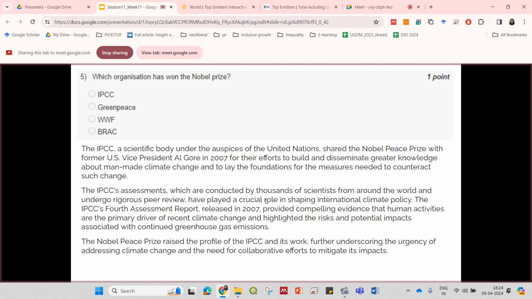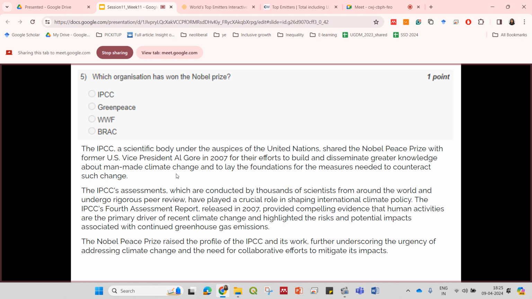So IPCC is basically a body under the auspice of United Nations, and although the organization didn't win the Nobel Prize as an organization on its own, it shared the Nobel Peace Prize with former US Vice President Al Gore in 2007 for their efforts to build and disseminate knowledge about man-made climate change and to lay the foundations for the measures needed to counteract that change. So the answer for this is IPCC.